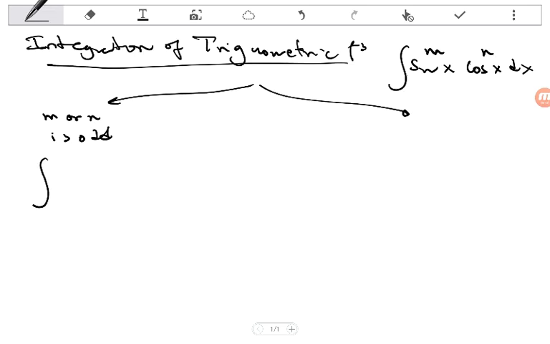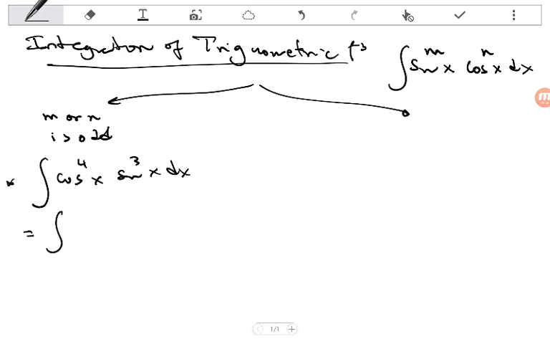So if I have integration of cosine power 4x sine power 3x dx, I see that this is in this form: cosine power some number, sine power some number. One of them is odd. Whenever I find an odd power like this, what should I do? I just take one of them after the d. Okay, this is the easiest case.